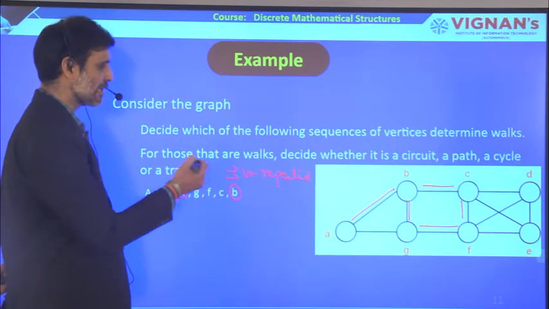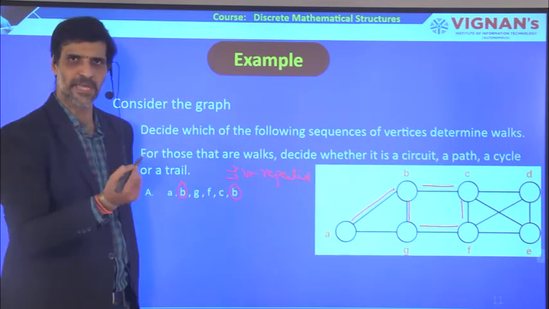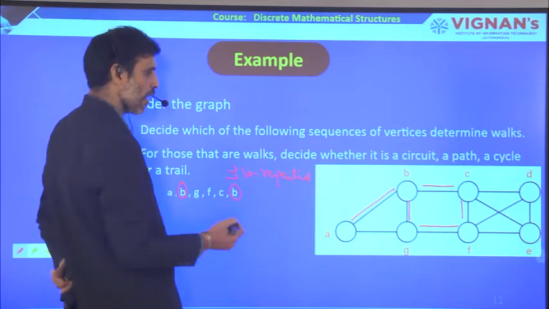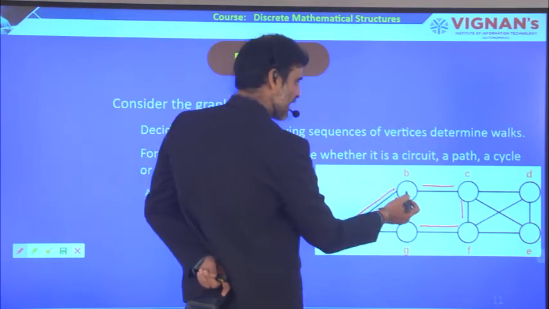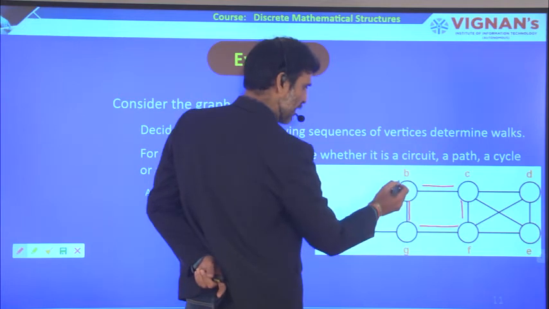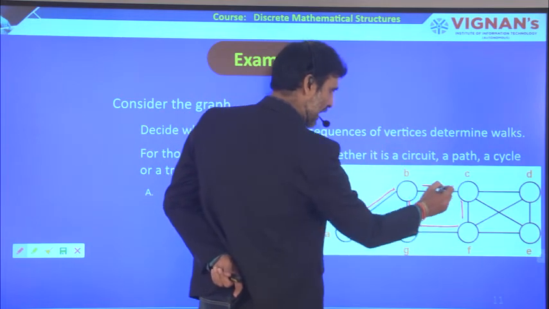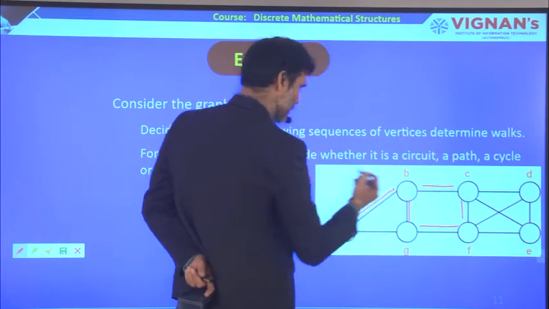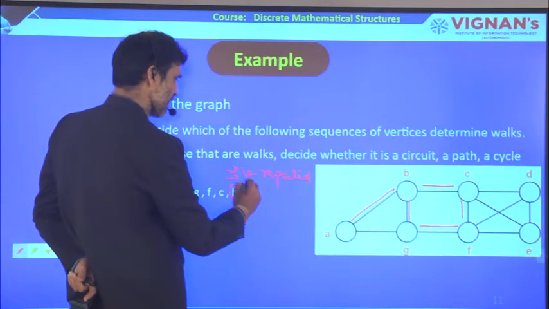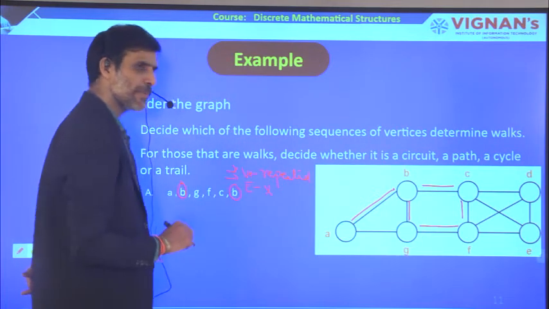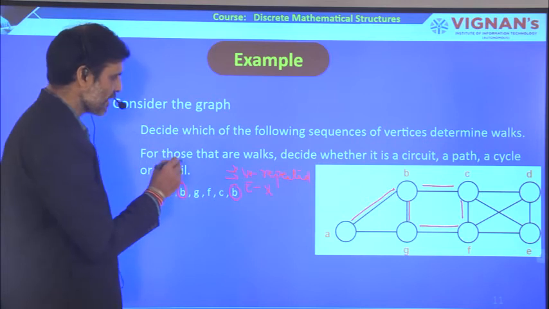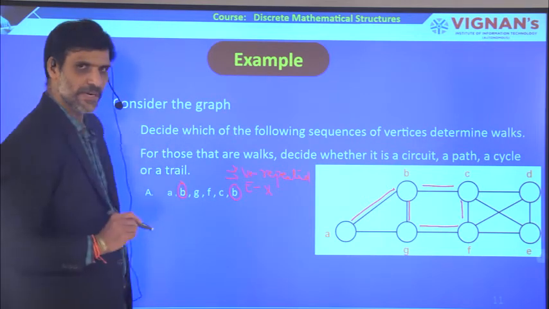By that we can quickly say whether it is a circuit, path, cycle or a trial. Now coming to the edges, whether they are repeated or not. See, A to B, I have drawn the edges here. No edge is repeated. Edges are not repeated, but vertices are repeated.